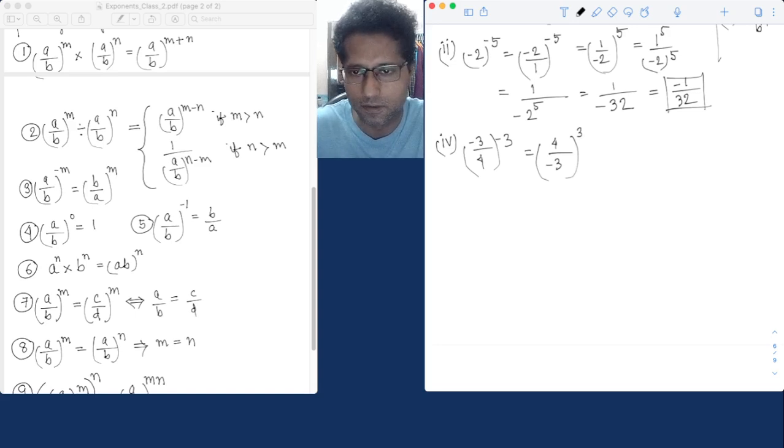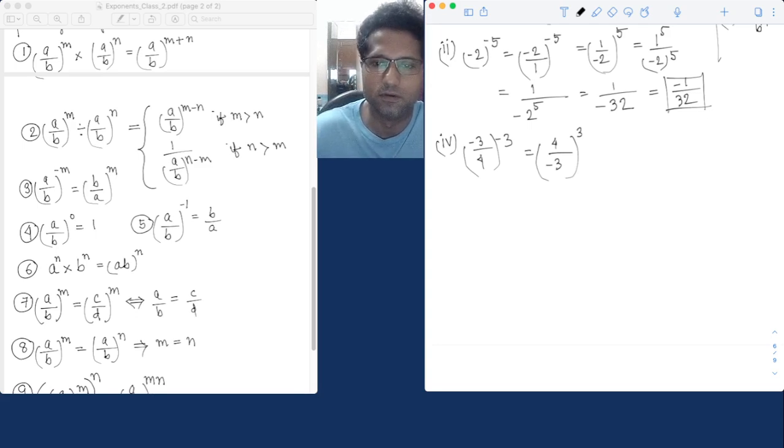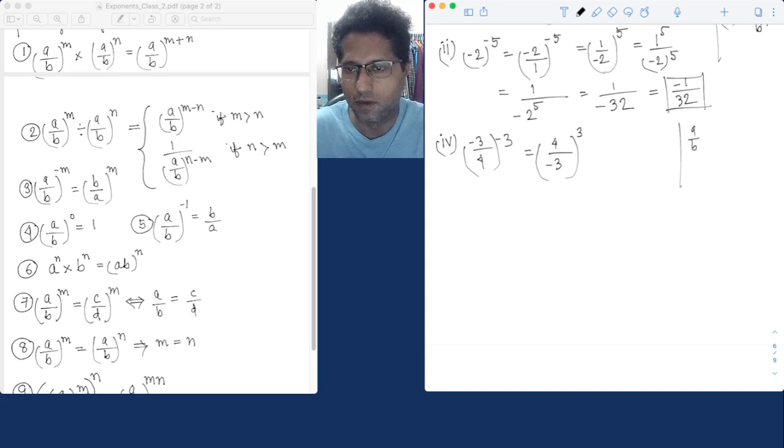The power is minus 3 and its numerical value is 3. By numerical value I mean the absolute value. So this is as per the formula a by b raised to the power minus m equals b by a raised to the power m.